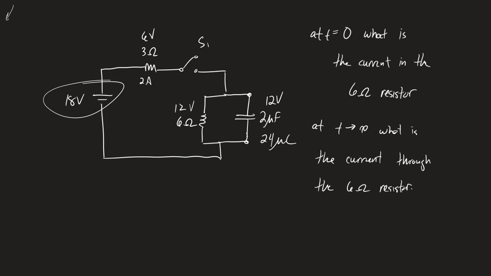Now, at the same time, and this is important, when we open this switch, the story's not over. When we open this switch, the capacitor is fully charged and has a means to discharge that energy through the 6 ohm resistor, which means you suddenly have a new discharge cycle using the 6 ohm resistance as the resistance for the circuit.